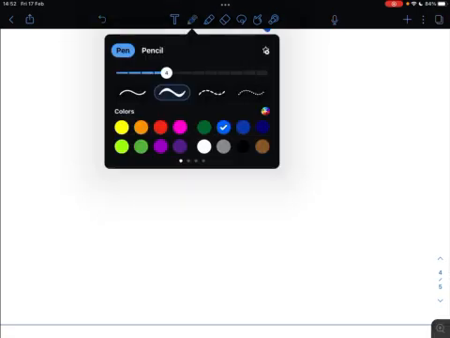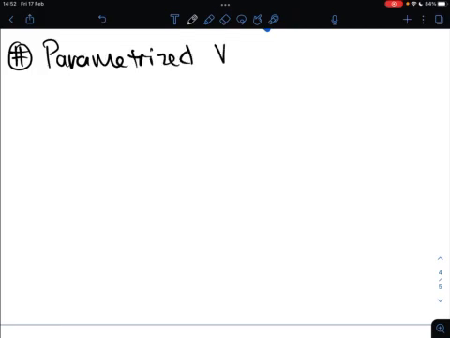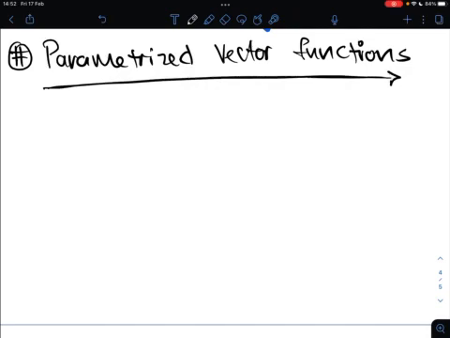You see that. So now in this section, we'll introduce what are known as parameterized vector functions. So this is what we want to talk about right now.